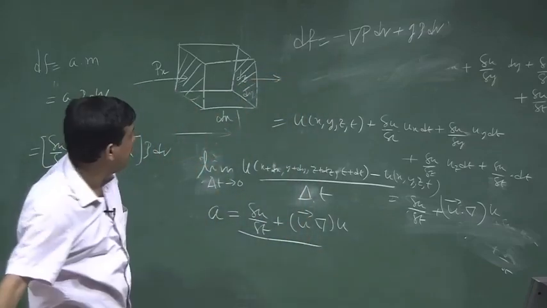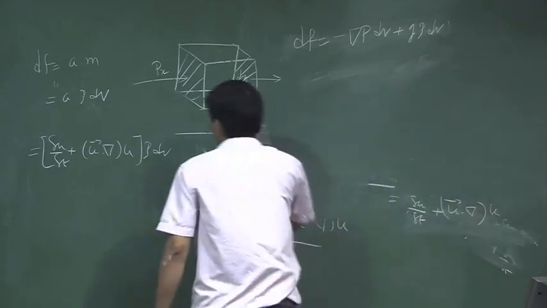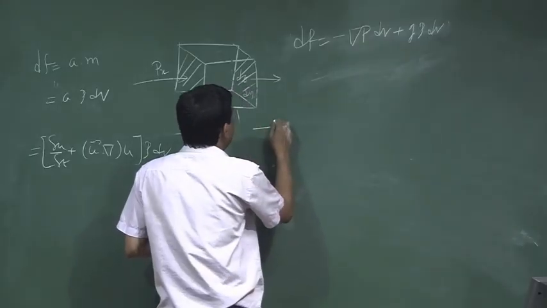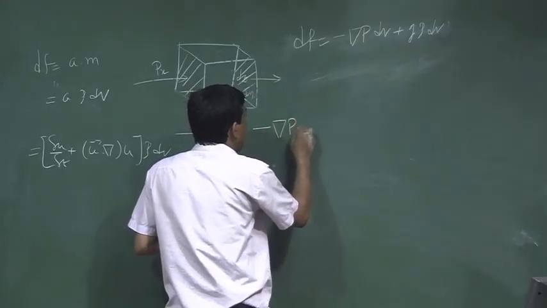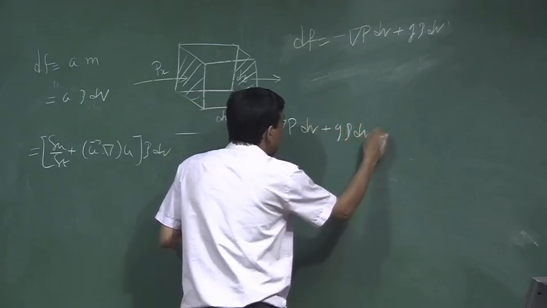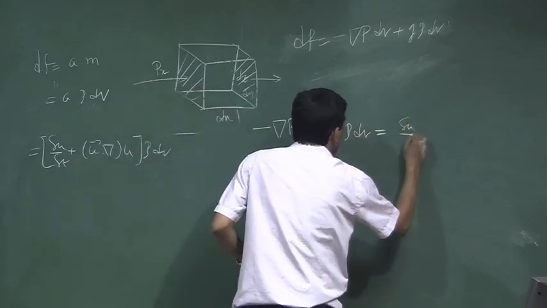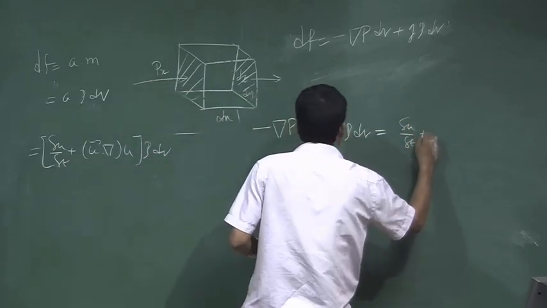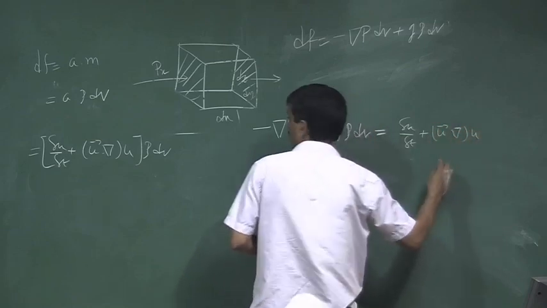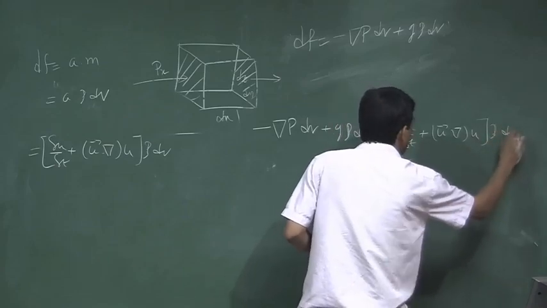So, I can write that now I get one equation. What is the equation? Minus ∇P dV plus G rho dV is equal to ∂u/∂t plus u·∇u, whole multiplied by rho dV.